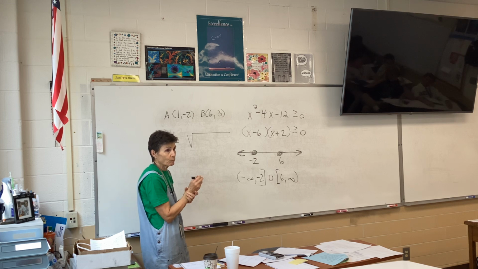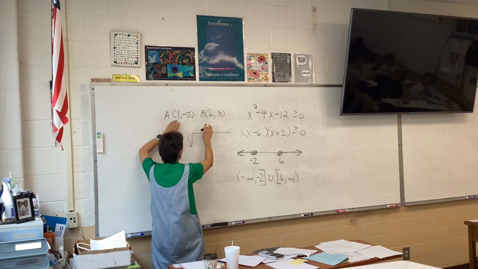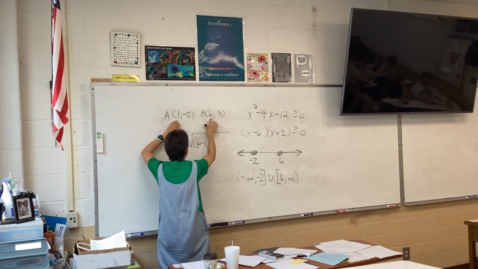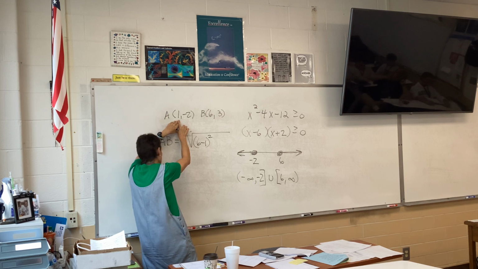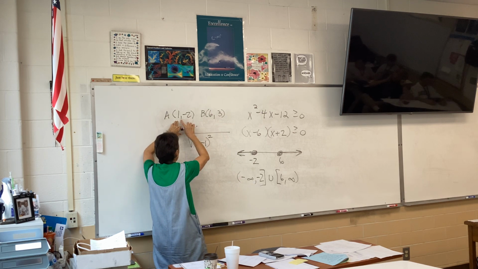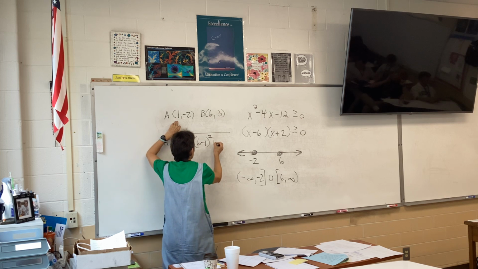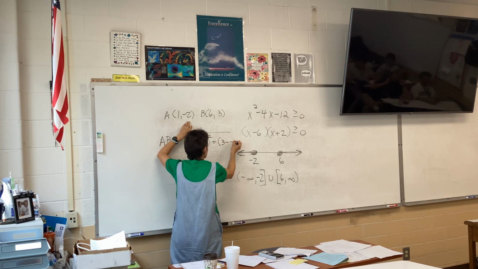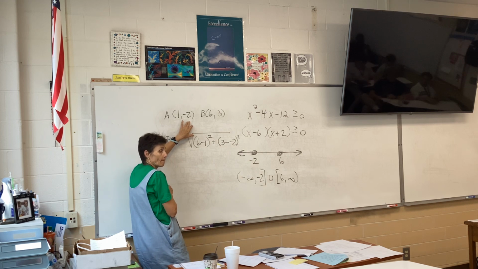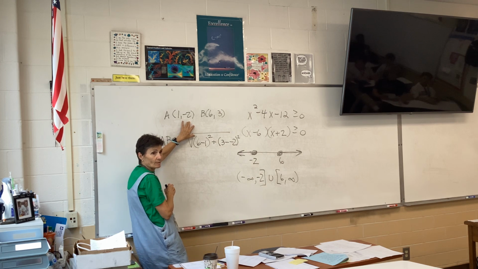And what's the distance formula say? I subtract my x's, so 6 minus 1 squared, x minus x. I'm not doing slope, I'm doing distance. So x minus x squared plus 3 minus negative 2 squared. Okay?